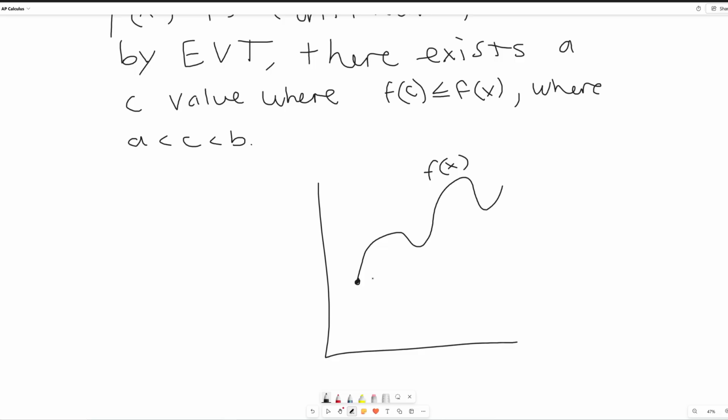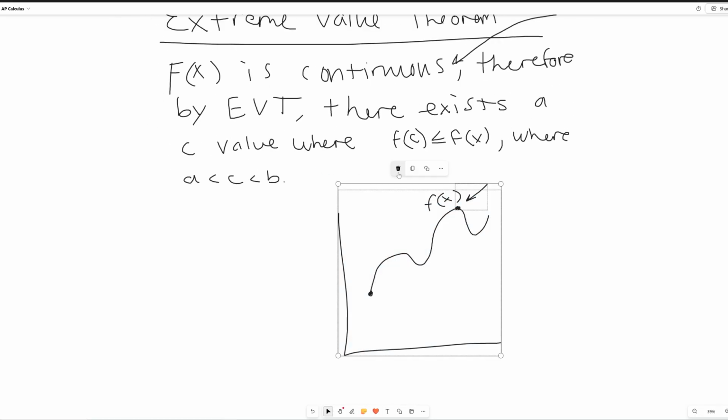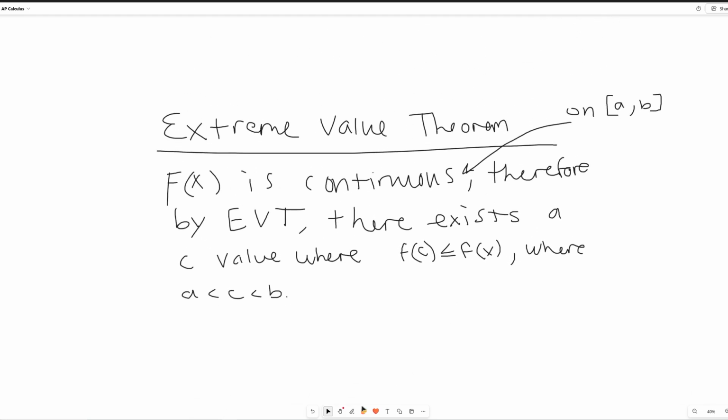F of c will be less than all values of f of x because it is the absolute minimum. And that is the same for the absolute maximum. This absolute maximum right here is greater than all other values of f of x on the interval. So that is EVT. It's just another theorem, and again, it relies on being continuous. So make sure you can prove the continuity.